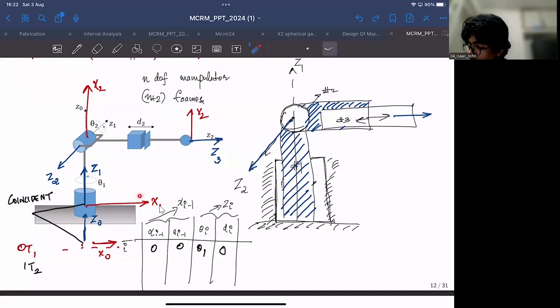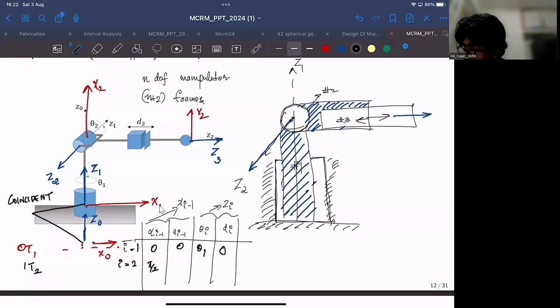If you rotate 90 degrees about x1, z1 will be rotated like this, and z1 and z2 would be aligned, right? So you have to rotate by pi by 2 radians. So this is alpha 1, this is alpha 2.